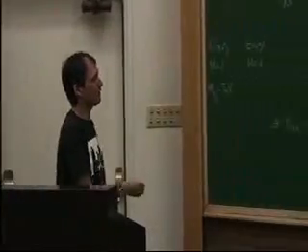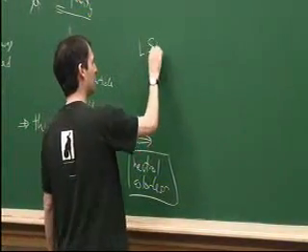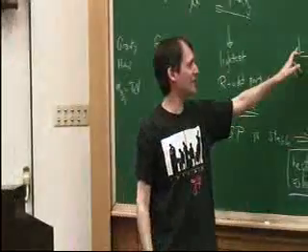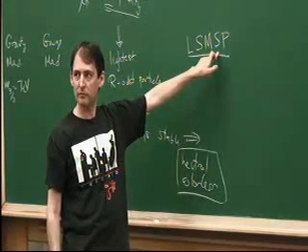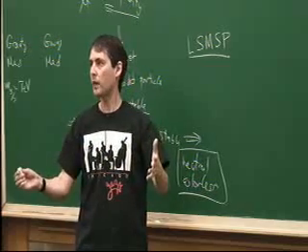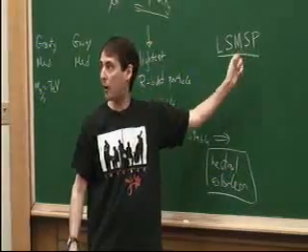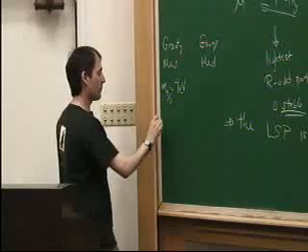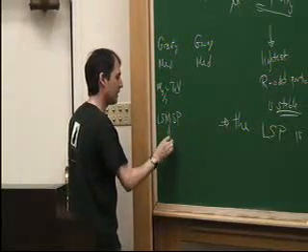So let me define something, which is not usual notation, but it's still important to have some notation for it. The LSMSP is the lightest standard model superpartner. Okay? Take all the standard model particles, including the Higgs, and take all the superpartners. The lightest one of those is this particle. Now, in gravity mediation, the gravitino is heavy, so the LSMSP is the LSP.